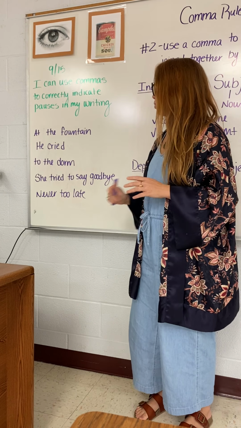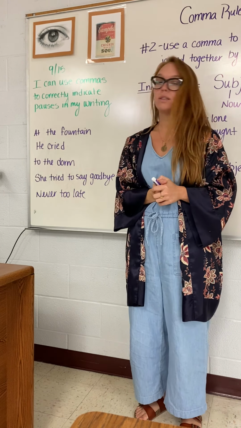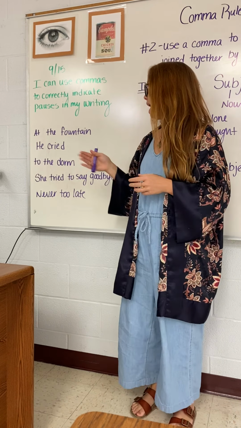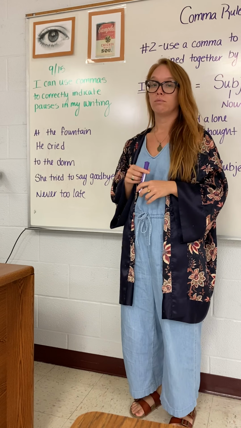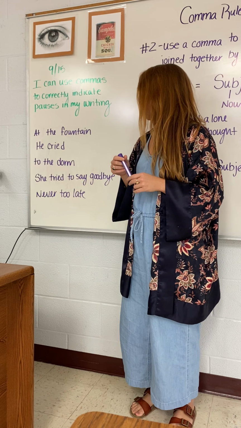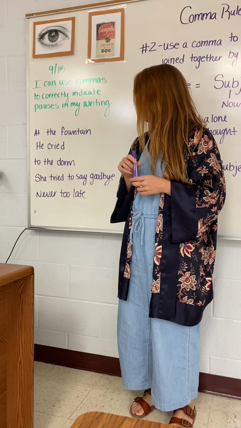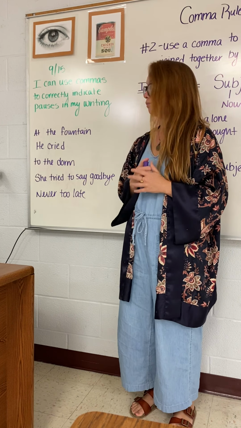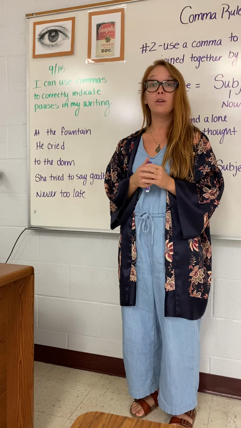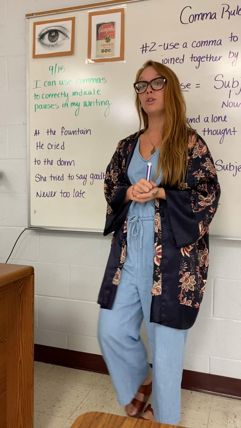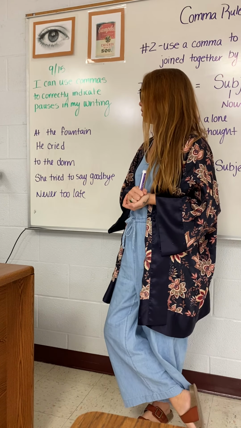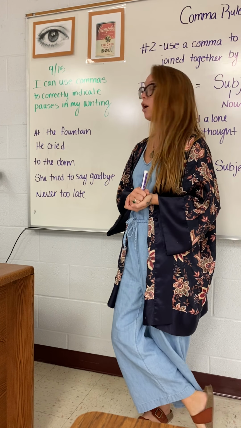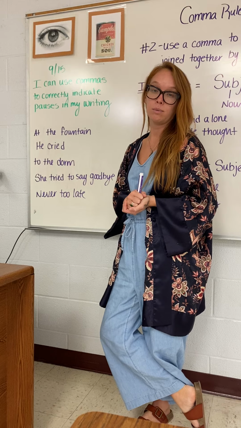Before we get started, I just want you to look. I have listed out some clauses for you. We have at the fountain, he cried. To the dorm, she tried to say goodbye, and never too late. What I'd like for you to do first is in your notebook, I want you to record these sentences, and I want you to tell me which ones you think are a complete sentence, all right?